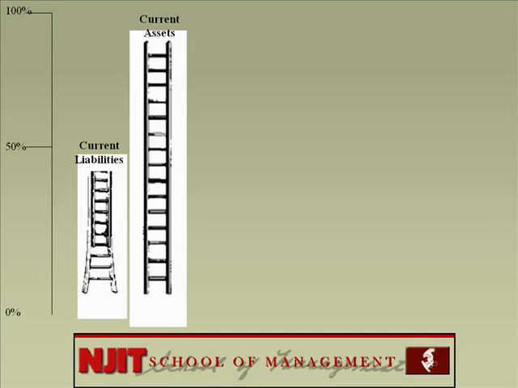Have a look at this diagram in front of you. To measure liquidity, you compare current assets against current liabilities. And common sense dictates that current assets should be greater than current liabilities. Your assets should be greater than your liabilities if you want to survive.